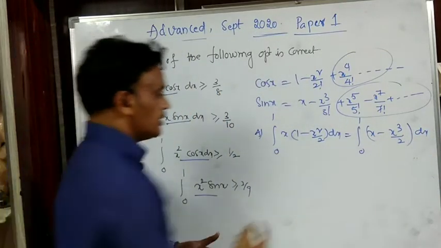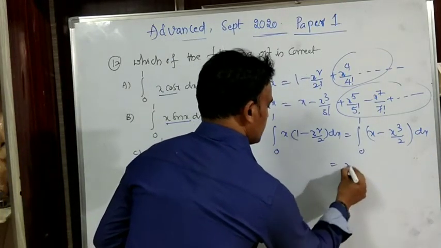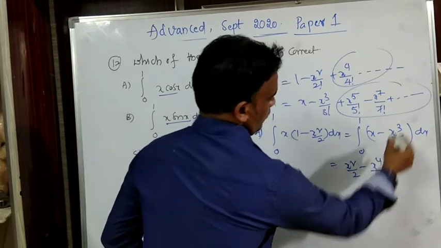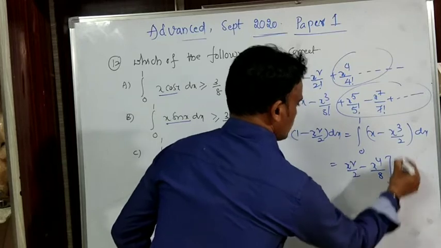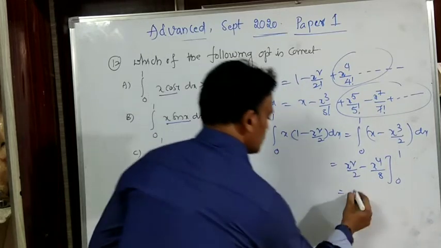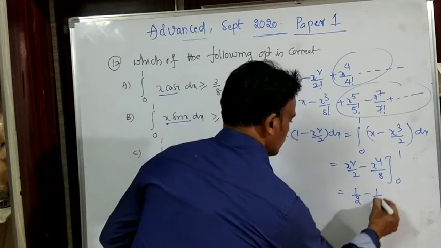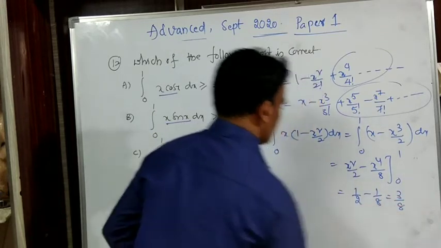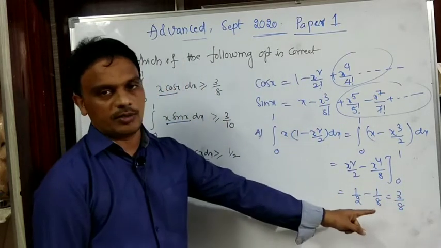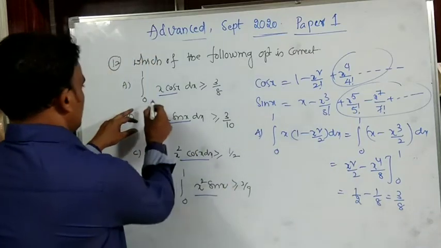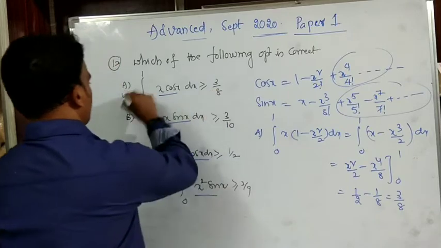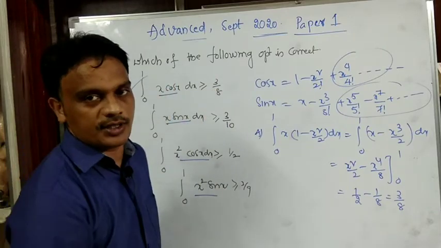Yes, this is the integration of x, so it is x square by 2 minus x power 4 by 8, and the boundary is 0 to 1. So it is 1 by 2 minus 1 by 8, so 4 minus 1, which is 3 by 8. So this value is equal to 3 by 8. So what is the first option? Integration 0 to 1 x cos x is greater than or equal to 3 by 8. Yes, the first option is correct.